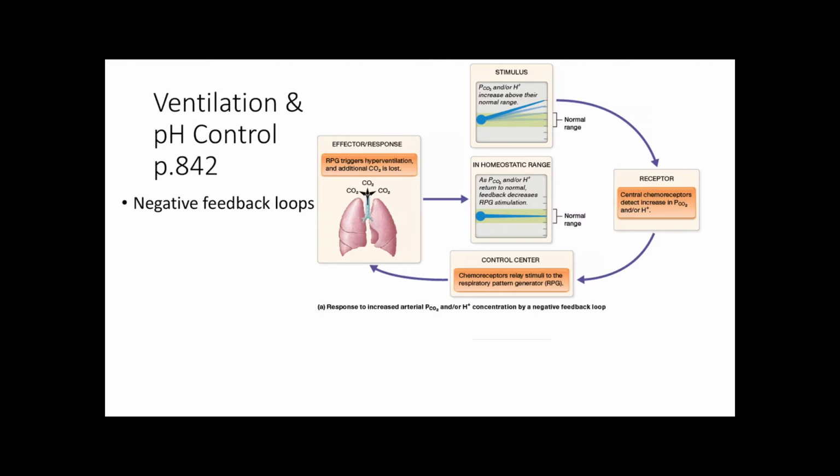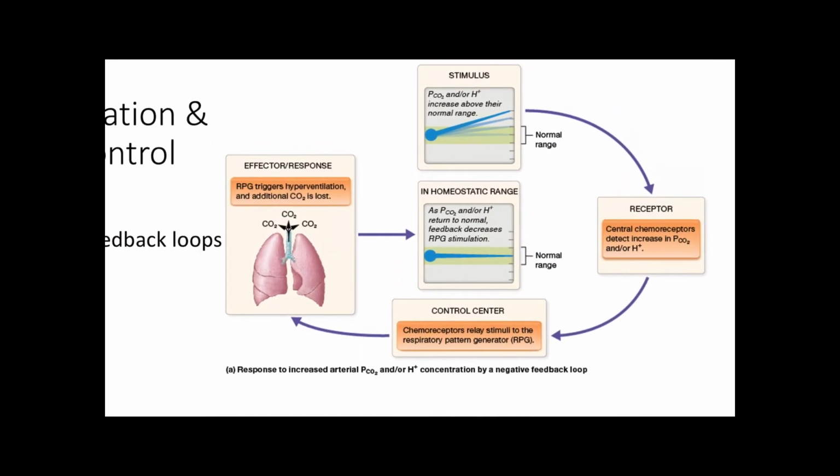And it does so through respiration, through pulmonary ventilation. And it involves negative feedback loops. So let's take a look at this diagram here, which helps to illustrate changes in pH and the role of the respiratory system.